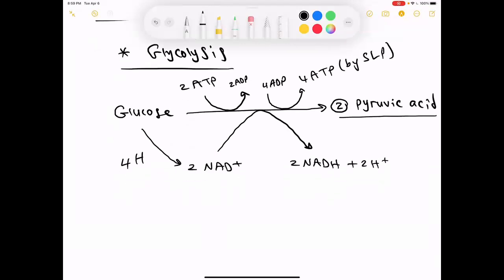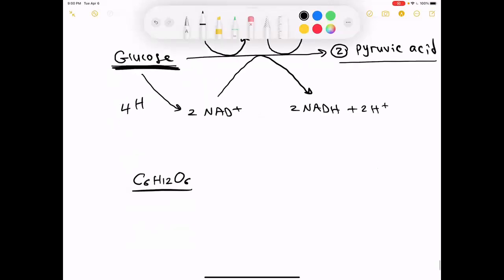Now, the reason I did it this way is because I want to distinguish between pyruvic acid and pyruvate. We know glucose is C6H12O6. Now you are taking 4 hydrogen from it, but then you split into 2 pyruvic acid.